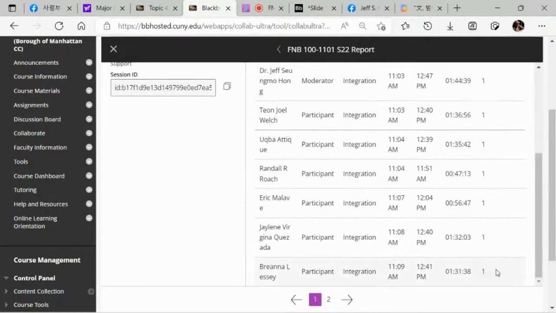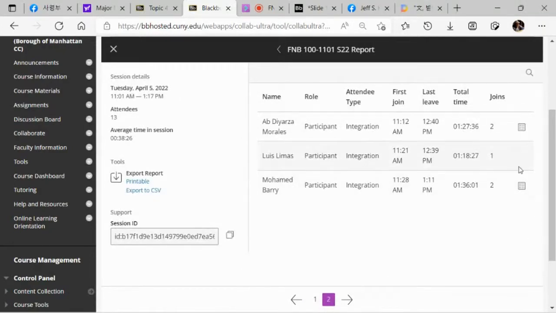Only 47 minutes logged in. And then this person joined, got disconnected, and joined again. Of course, the total time is good enough. I would say this is okay.